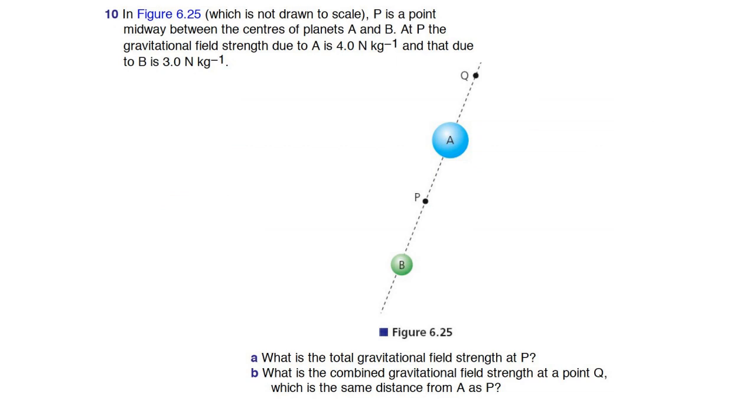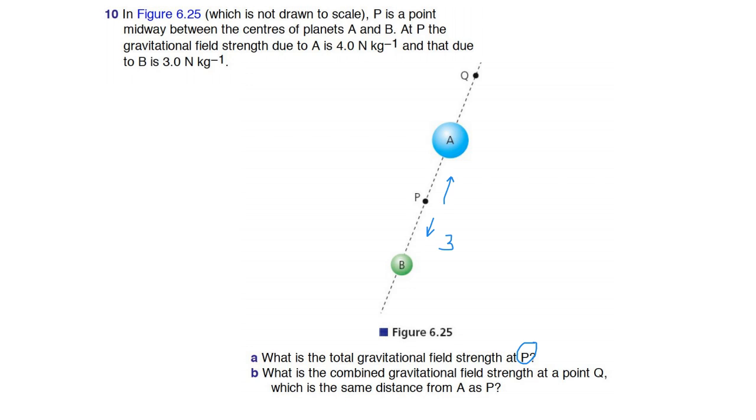Let's try this out with a question. In this diagram, P is a point midway between the centers of planets A and B. At P, the gravitational field strength due to A is 4, and due to B is 3. What is the gravitational field strength at P?